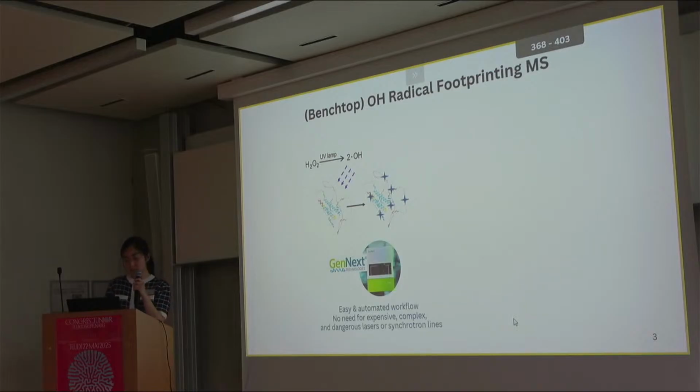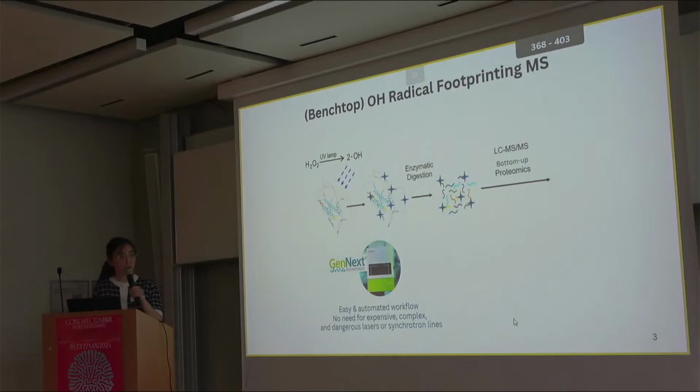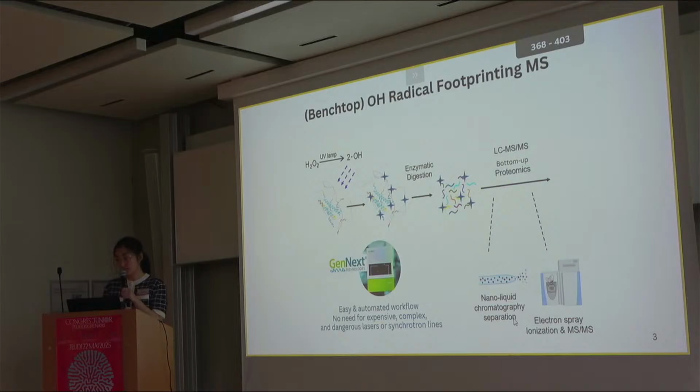So it's easy, it's automated, and doesn't require any expensive or complex machines. Then the protein is enzymatically digested into smaller pieces, peptides, and subjected to LC-MS analysis, also called bottom-up proteomics, which consists of nanoliquid chromatography separation of those peptides and their detection with mass spectrometry.